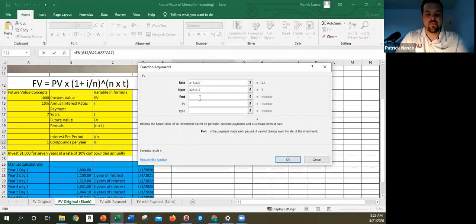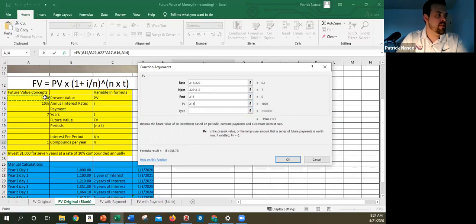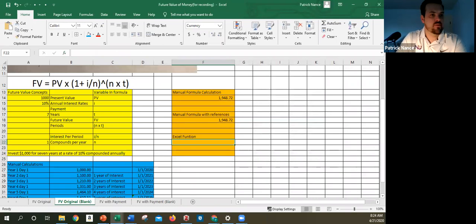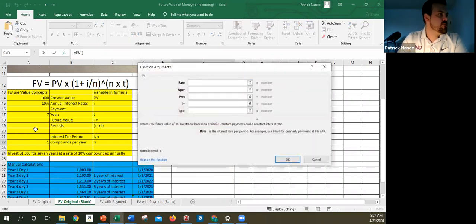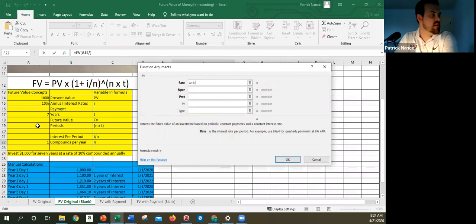Payment has to do with regular payments like annuities. We're not dealing with that yet, so I'm going to reference this payment here, but it's just going to be 0. Present value, that's my PV number here, that's my 1,000. So rate I've got i divided by n, number of periods I have n times t, payment is 0, present value is 1,000.